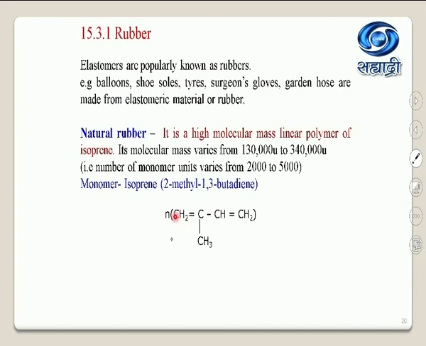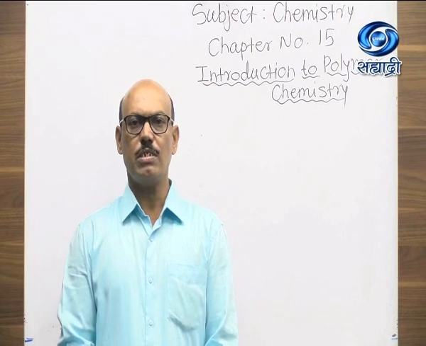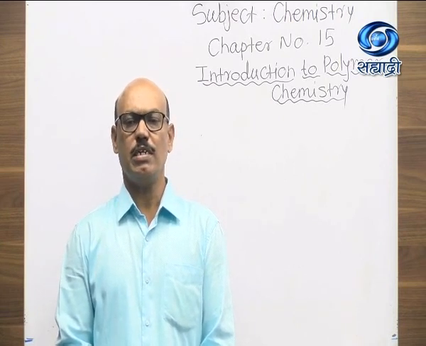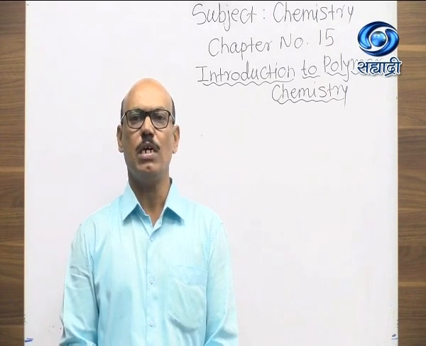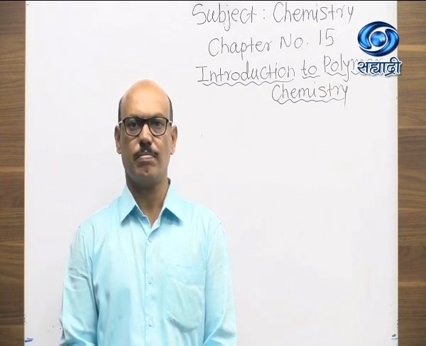The first starts with carbon number 1 and the second double bond starts with carbon number 3, and therefore its IUPAC name is 2-methyl-1,3-butadiene. So dear students, in this way we have studied here classification of polymers depending upon different factors. Thank you.